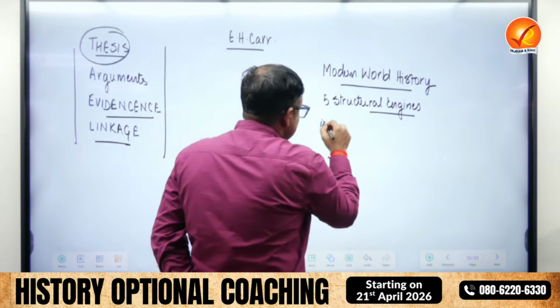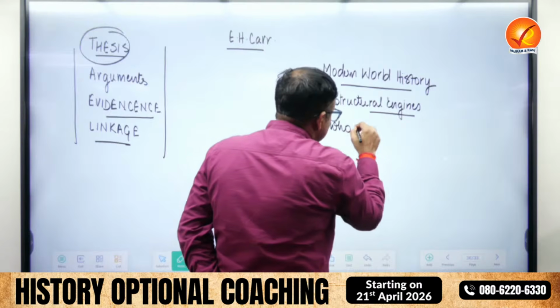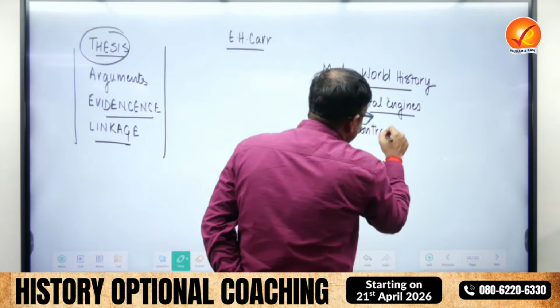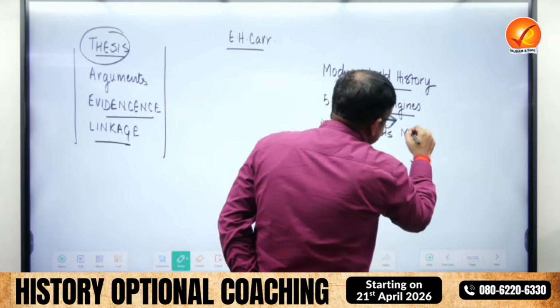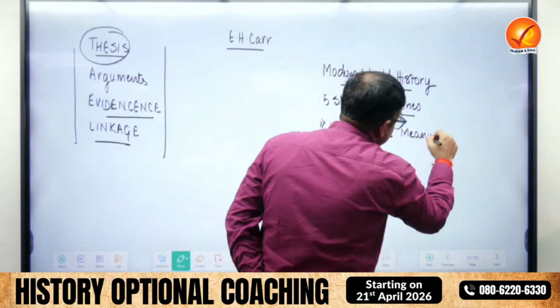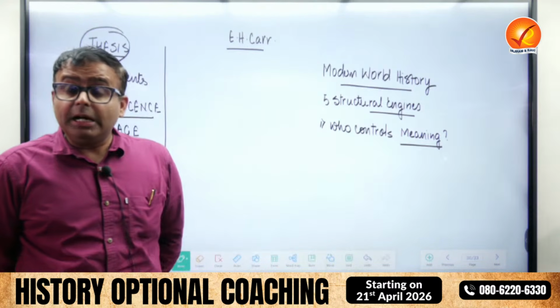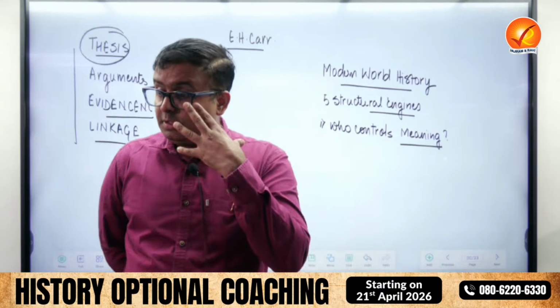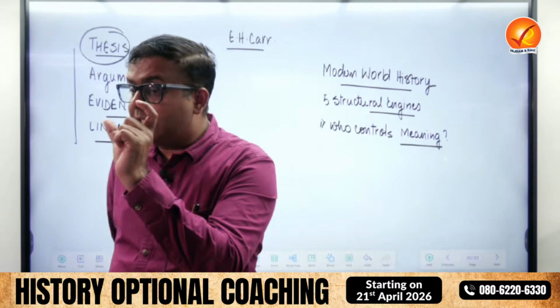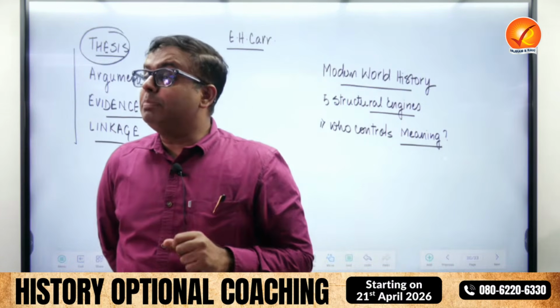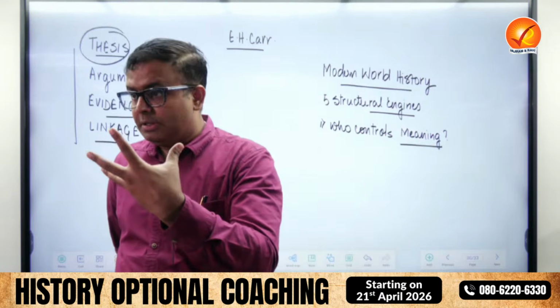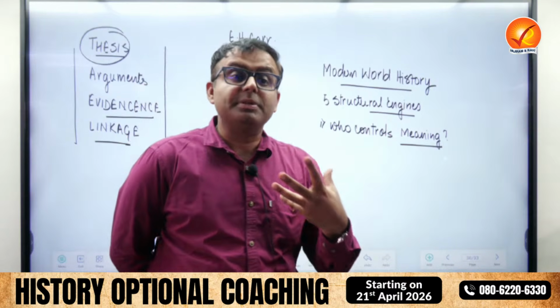पहला, first, who controls meaning, ideas. So when we start our syllabus, we start with a very important but a very opinionated theme, the birth of modernity in Europe, rise of modern ideas and principles.